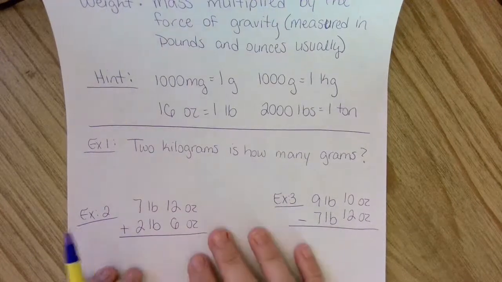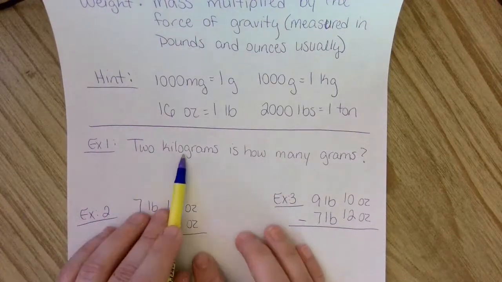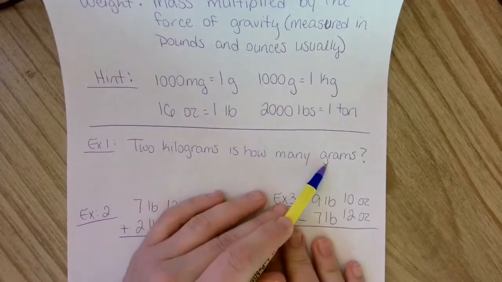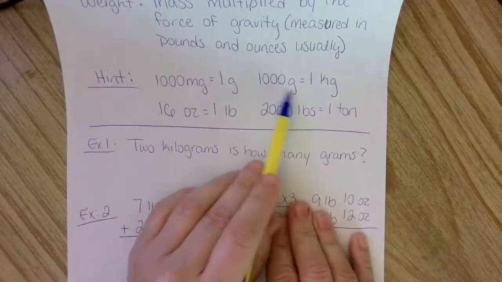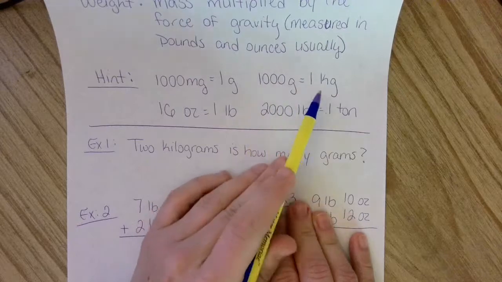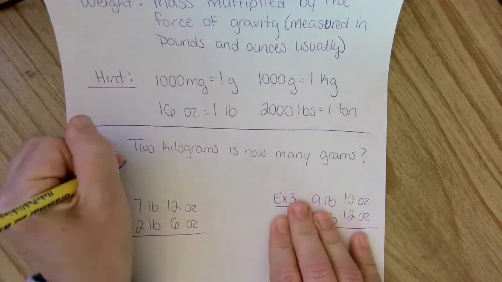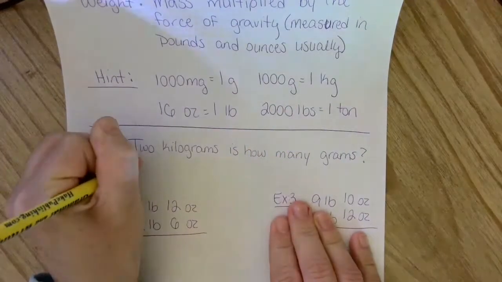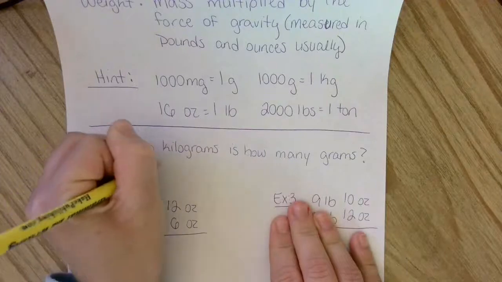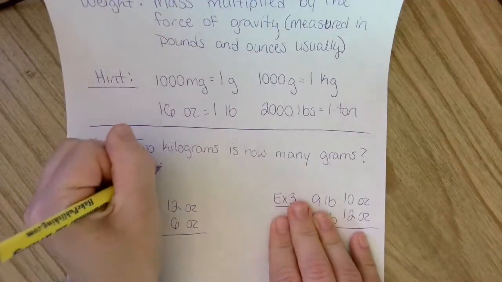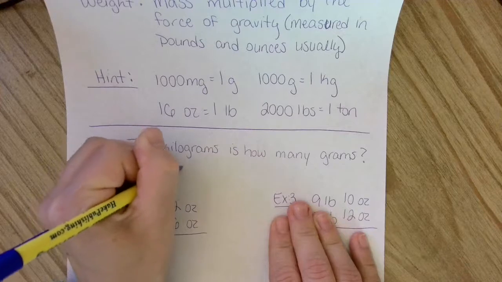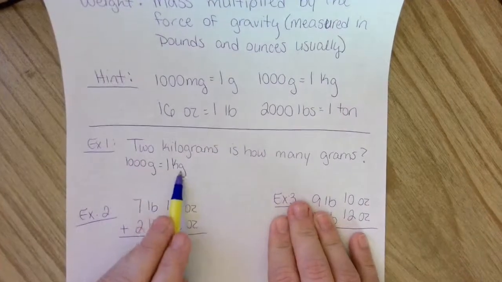So example 1, 2 kilograms is how many grams? So I could think of it like this. 1,000 grams equals 1 kilogram.